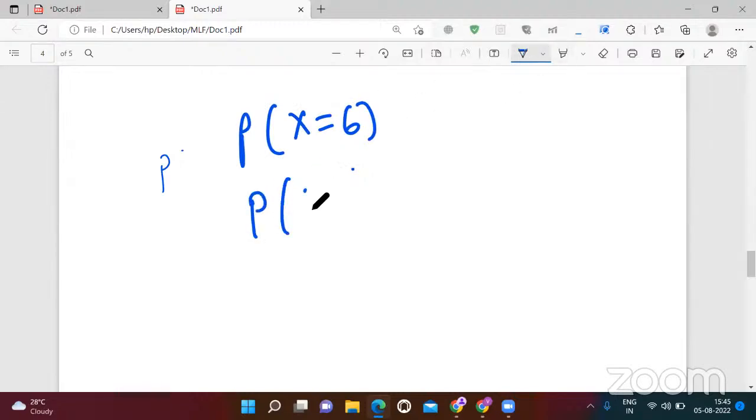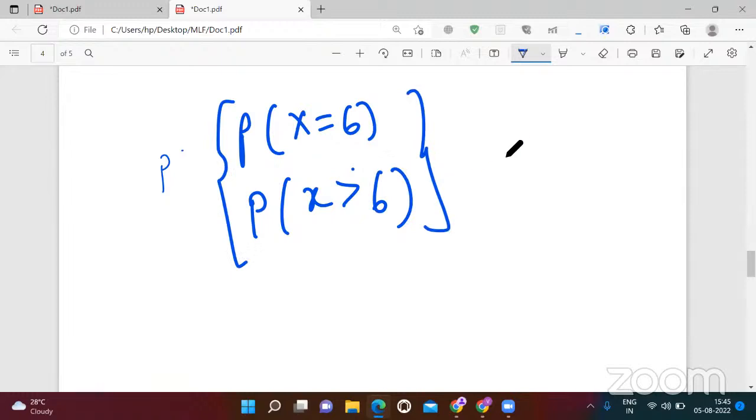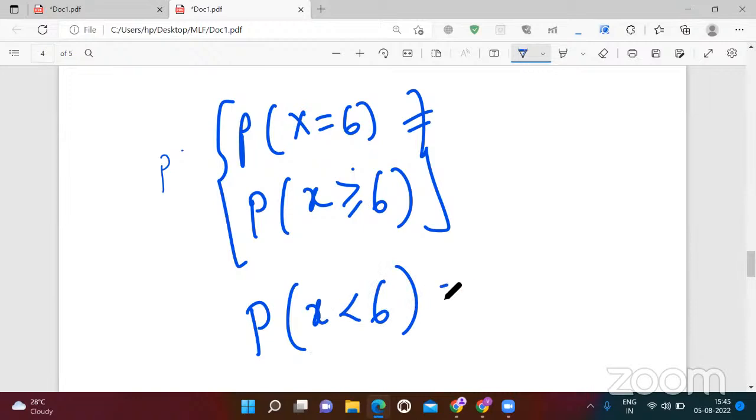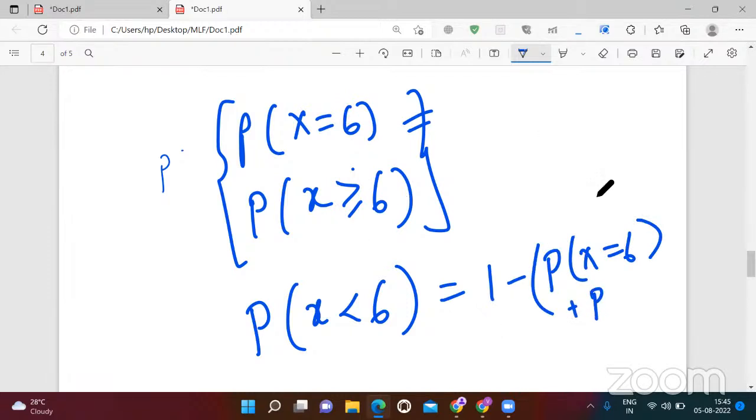And probability x greater than 6. So you have to calculate these two and subtract it from 1. How will you do that? You have been asked to calculate the probability of x such that fewer than 6, right? So what you will do is 1 minus this: probability of x equals 6, plus probability such that x greater than 6. Okay?